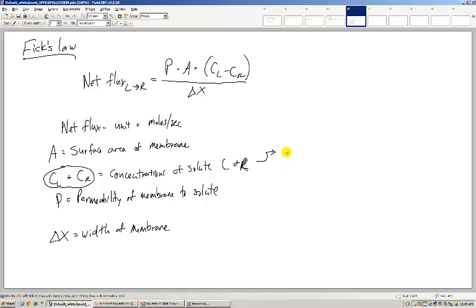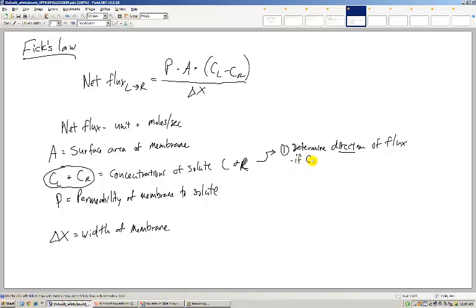So, concentrations have basically two effects on diffusion. The first is that they completely determine the direction of flux.